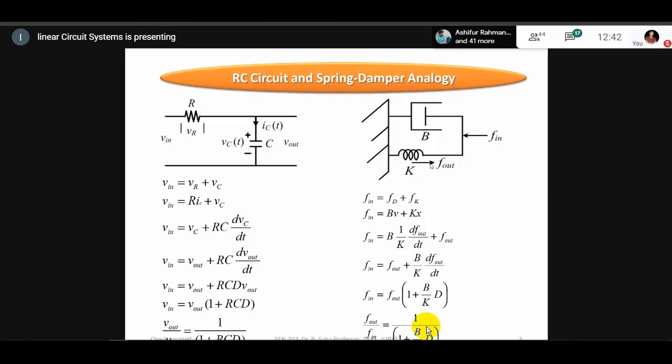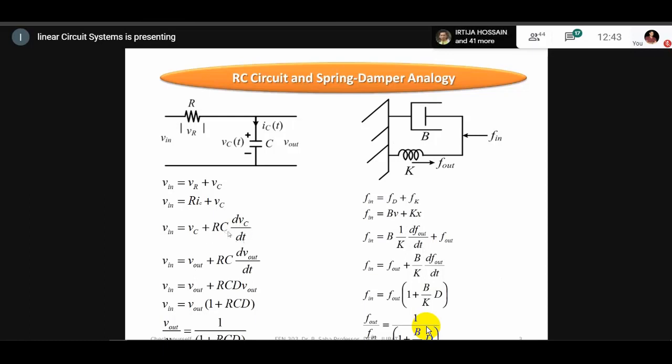So how much it moves, expands or compression occurs. After that, velocity is changed to 1 over k dF out by dt. So similarly, you can follow this one.